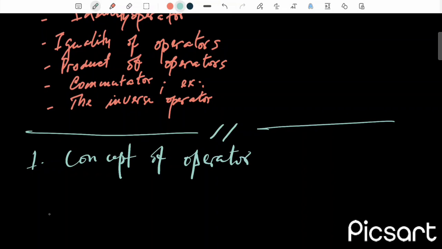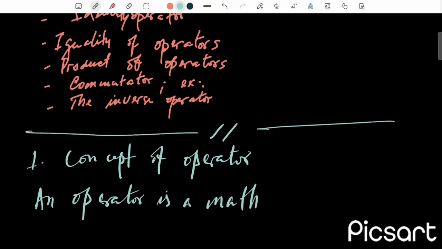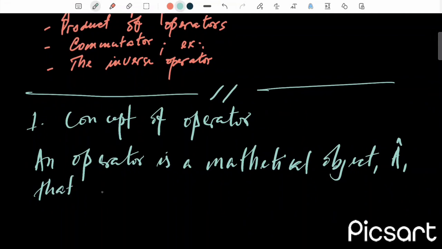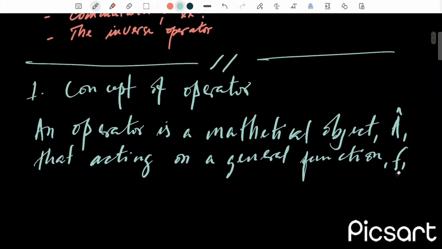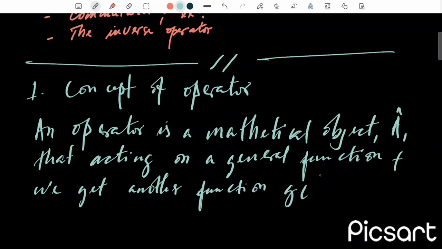An operator is a mathematical object, for example A, that acting on a general function f, we get another function g.